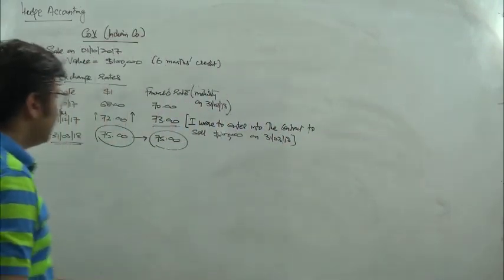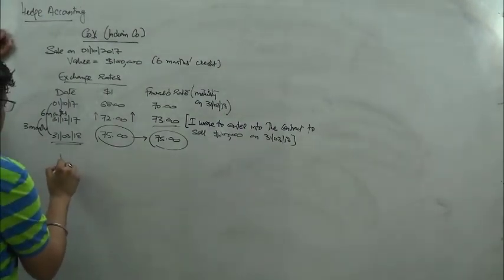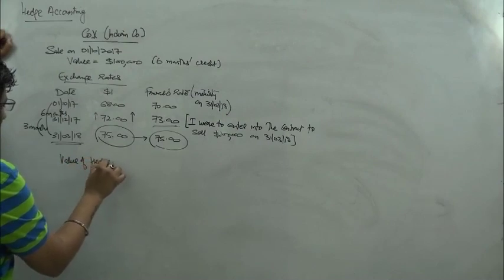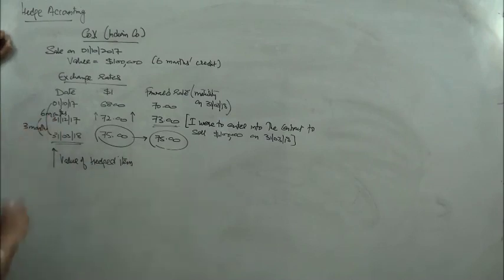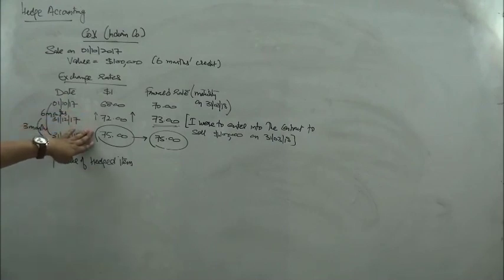What we are saying is, the value of my hedged item is increasing. My receivables, which I booked at 68, became 72 and eventually 75.